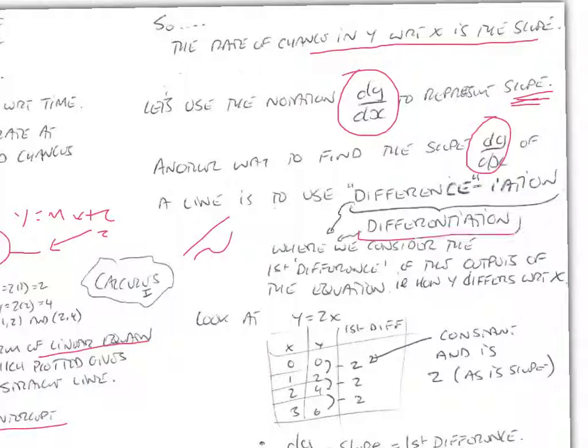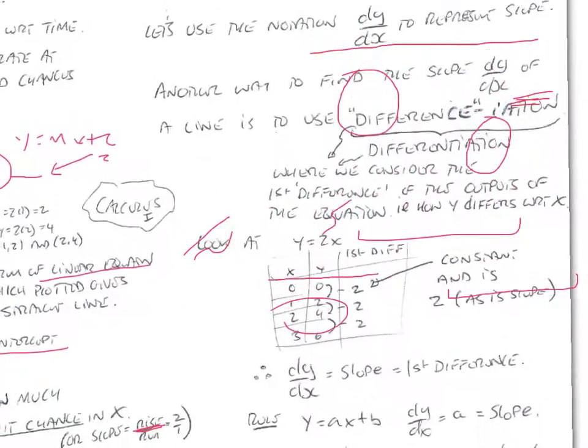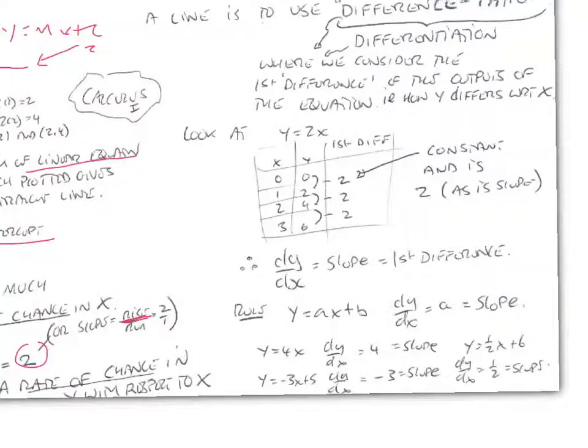The word differentiation comes from the fact that we start to consider the first difference of the outputs of any given function, and how y differs with respect to x. Okay, so let's look at the slope in another way.